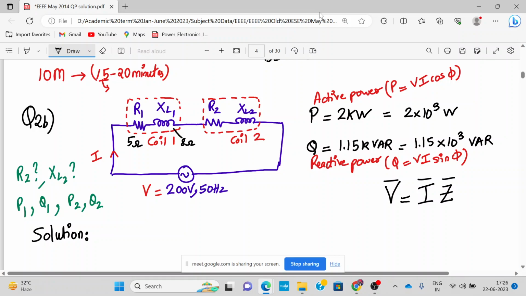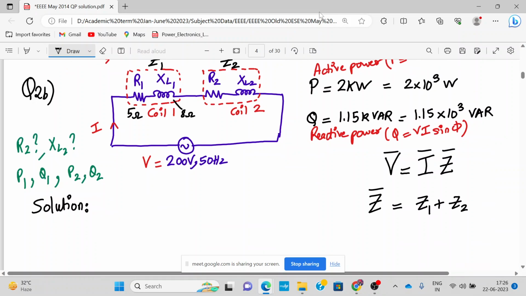V is equal to I into Z. So is the Z known to us? Yes, this is Z1. Let us call this as Z2. What is Z total given by? Total Z is given by Z1 plus Z2. Is this clear up till now?